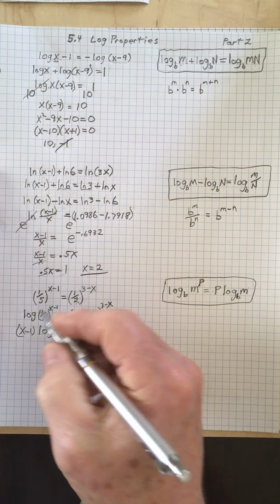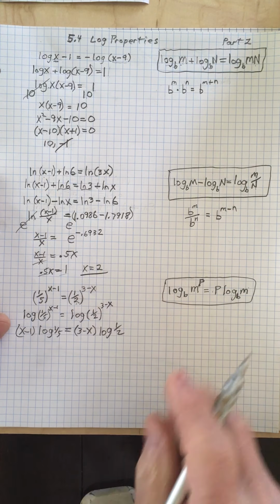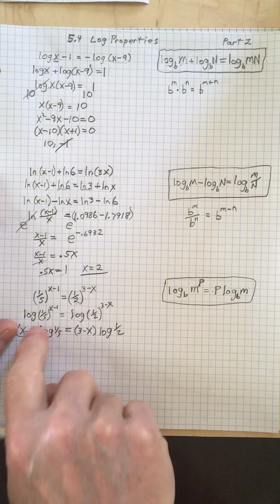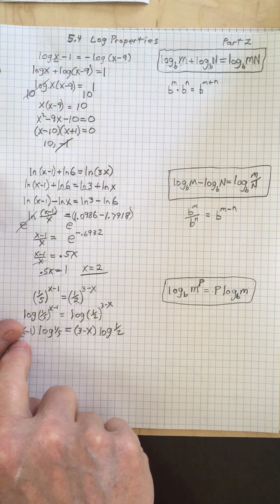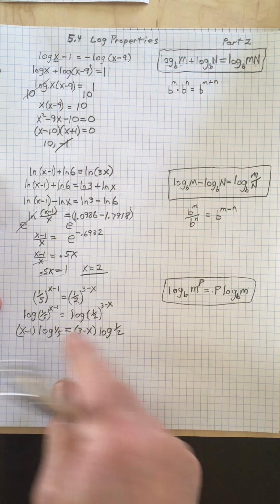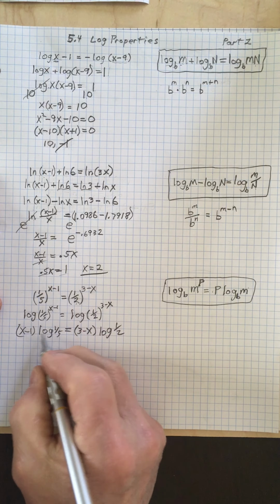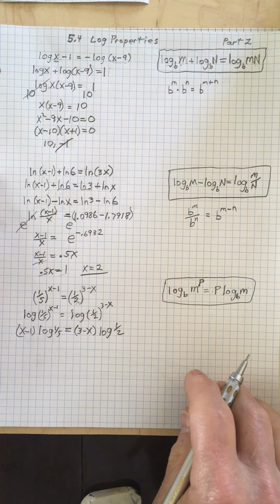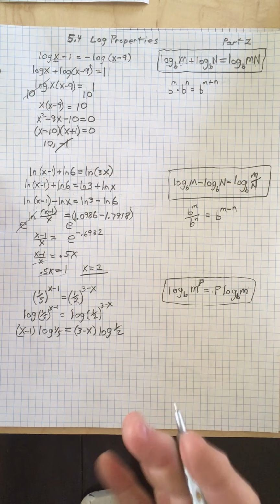Now, these parentheses are important. If I don't put the parentheses there, it looks like x minus this log, but it's not. It's this whole thing times the log, so you've got to be careful with the parentheses.